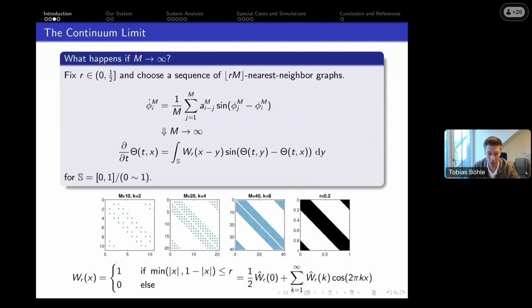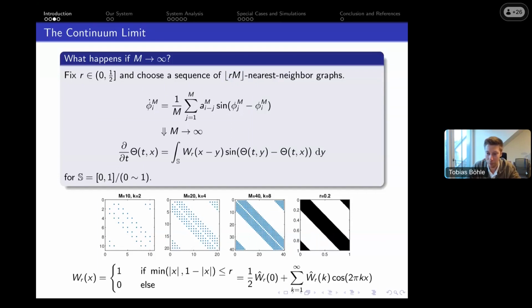So we want to consider a graph sequence, but first we fix a parameter r in the interval from 0 to 1/2. And then we consider a sequence of r times m nearest neighbor graphs. We multiply r times m, and then we take k as the biggest integer that is below r times m. And that then produces a sequence of graphs that's illustrated in this series here.